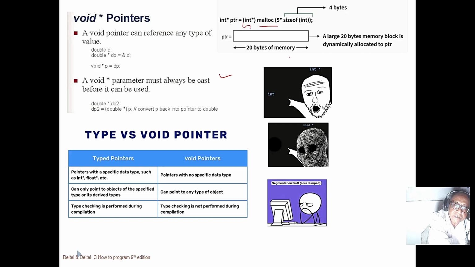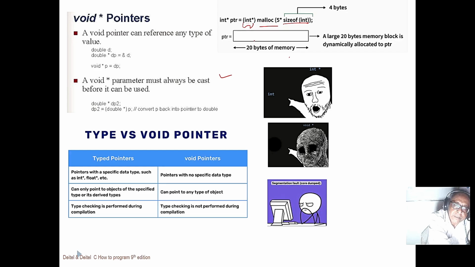Like here, a casting operation is done to integer, because the size of an integer in most cases is 4 bytes. In most C compilers nowadays, very few compilers in 16-bit it may be 2 bytes. So 4 bytes times 5 is 20, and it has to be cast because the malloc return type is void.